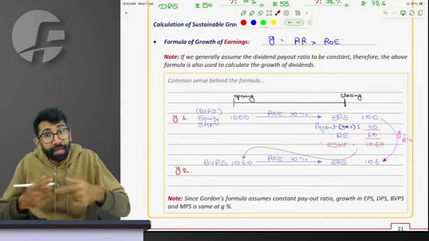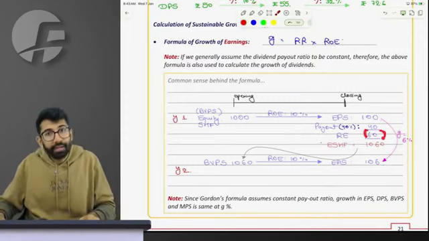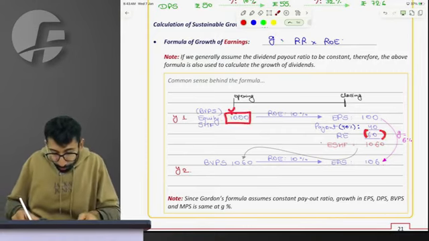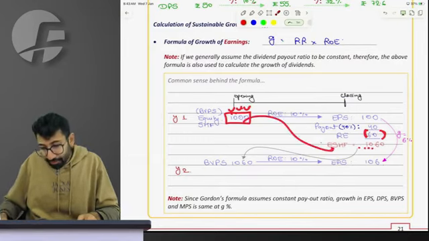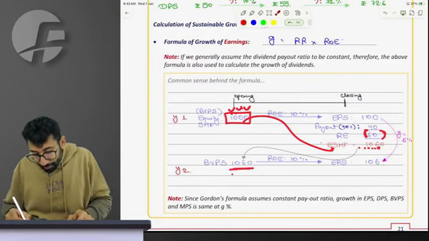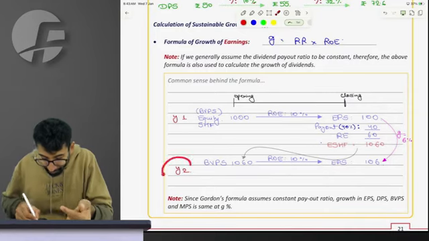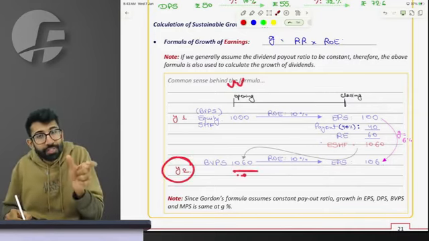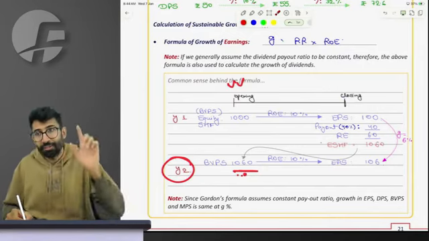Now observe what happens to the financial statement. This 60 rupees which you have retained will ultimately get added to the 1000 rupees of opening equity shareholder fund, and my closing equity shareholder fund for that year becomes 1060, which becomes the opening equity shareholder fund of the next year. So at the start of year 2, the book value per share becomes 1060, where 1000 is the original investment and 60 is the retained earning of the first year.